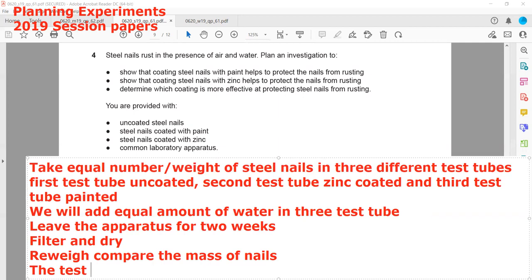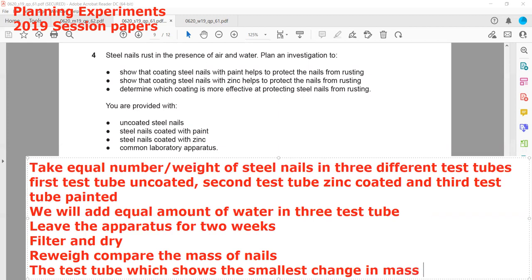The test tube which shows the smallest change in the mass is the more effective coating.